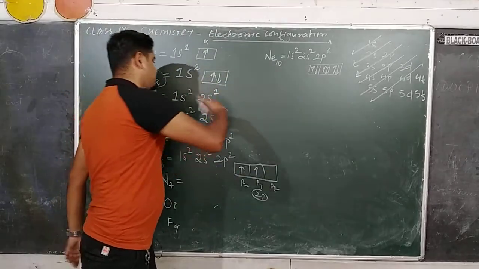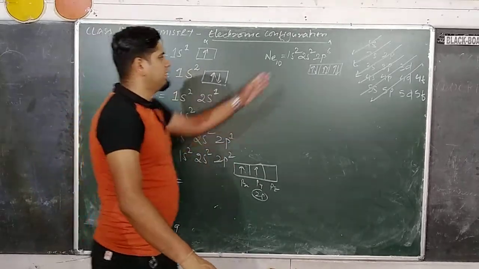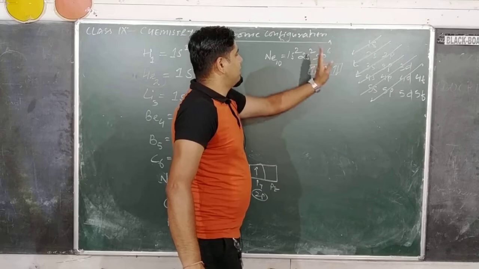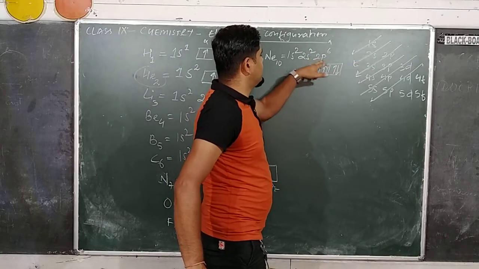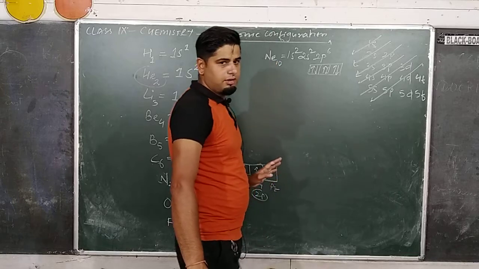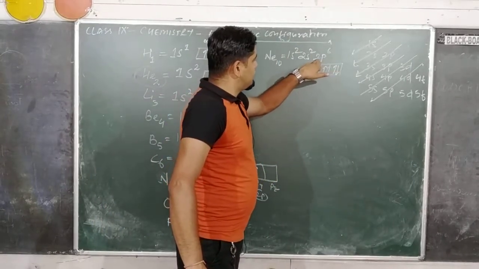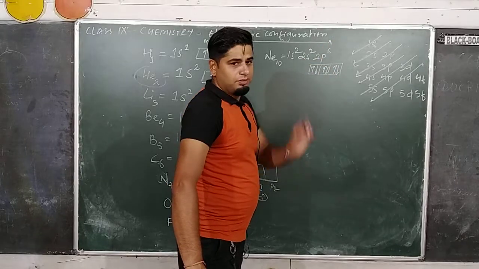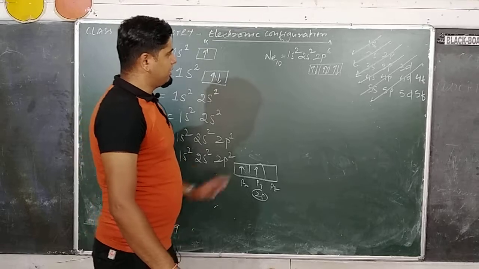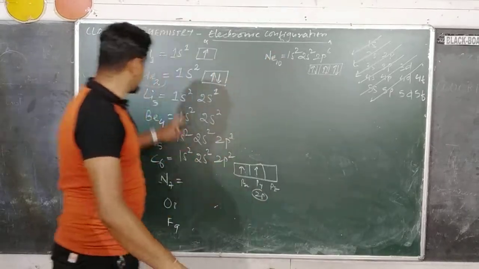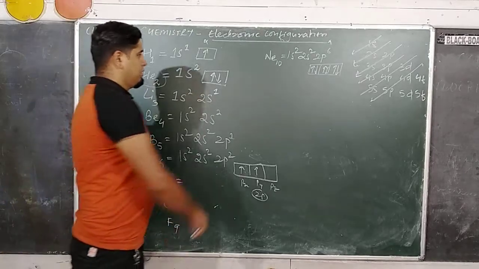In 2p, other electrons can be accommodated, but here there are no more orbitals with principal quantum number value 2 again. It's 2s and 2p. Finished everything. After 2p, 3s will come. Then 3 will be another principal quantum number value. That is why this is fully filled. Got it? Okay, you do further.